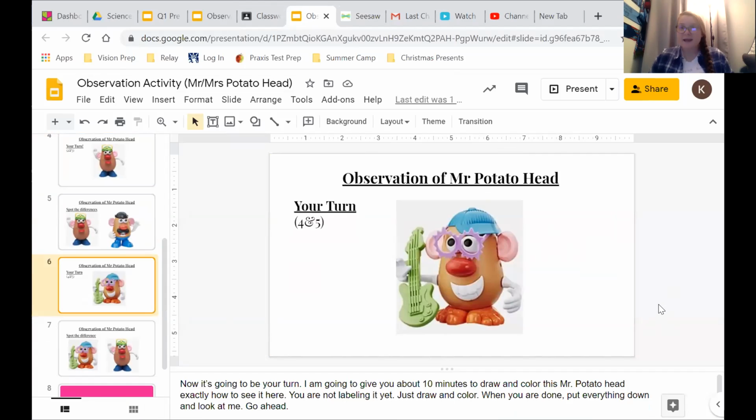On Friday, we're all going to do an activity with comparing them to other Mr. Potato Heads. So it's very important that you draw it and label it with as much detail as possible because you're going to need it on Friday. Don't turn it in yet.